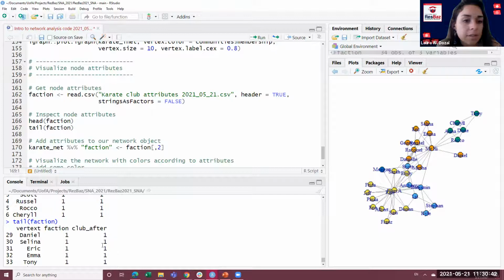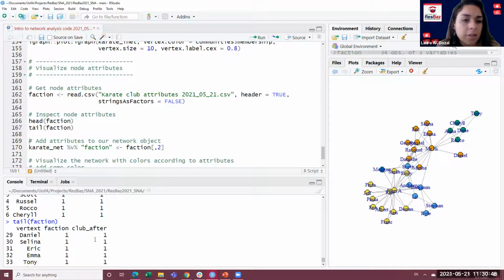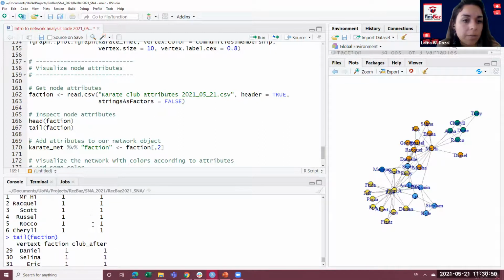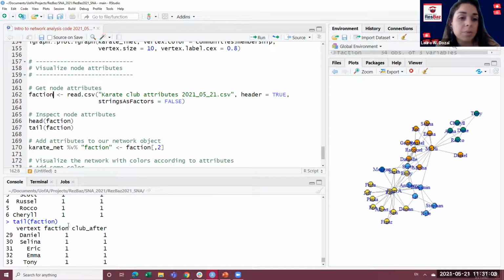And this is the club after the faction, and I think that's just helpful for the faction data to split in that way.